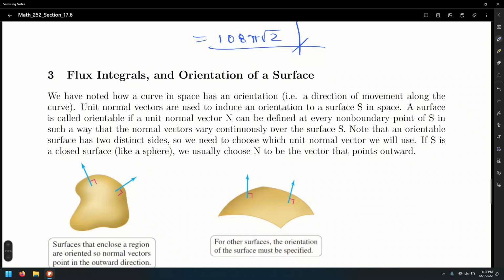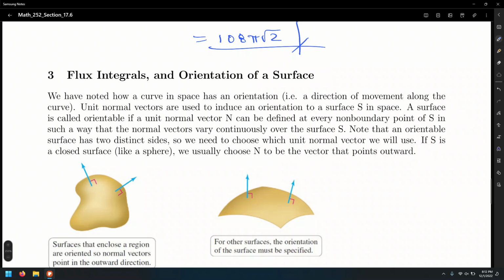But here's the thing: recall that there are a few different kinds of surfaces. There are closed surfaces, and there are also open surfaces. An example of a closed surface is a parallelepiped, a box, or a sphere. For closed surfaces, we only think of the vectors pointing out of that surface.